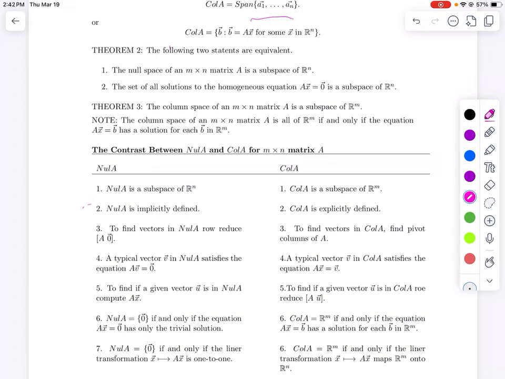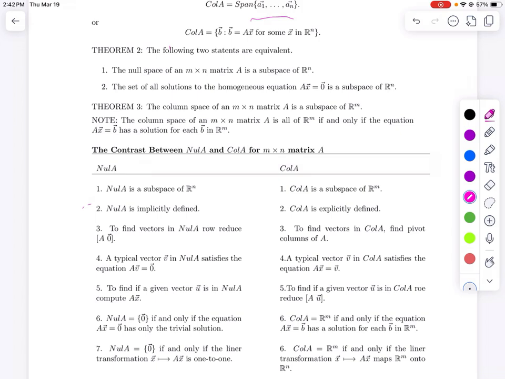So when you multiply V with the matrix A, you should get a 0 vector. Then it means that V is in null A, and otherwise it will not be in null A.